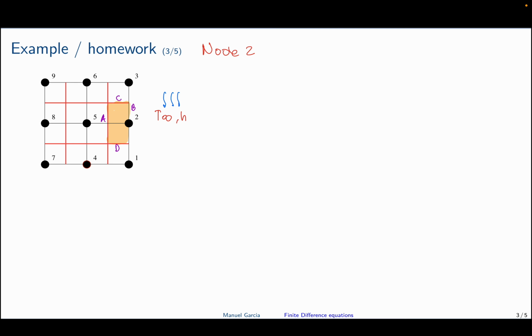For A, we have k multiplied by T out minus T in, so it's T5 minus T2, divided by delta x and multiplied by the area, which is delta y. Plus B. B is convection. So convection is h multiplied by T out, which is T infinity, minus T in, which is T2, multiplied by the area, which is delta y.